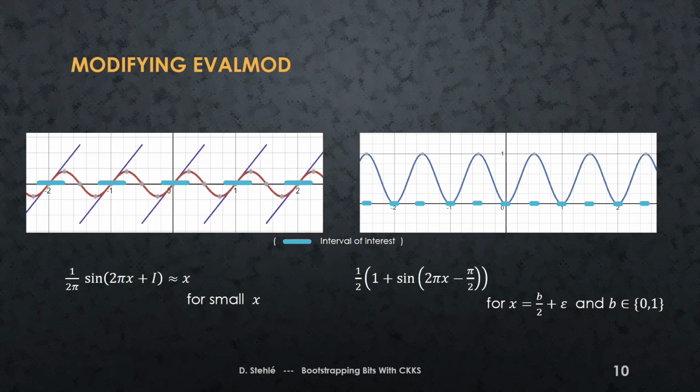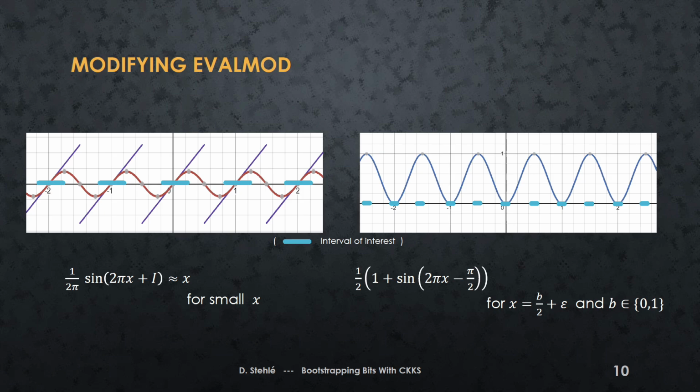So on the left, you have the regular EvalMod, with the approximation, and the approximation should be good on the light blue intervals. And on the right, you have the modified EvalMod, where the approximation should be good on points that are very close to either integers for bit 0 or half integers for bit equal to 1.